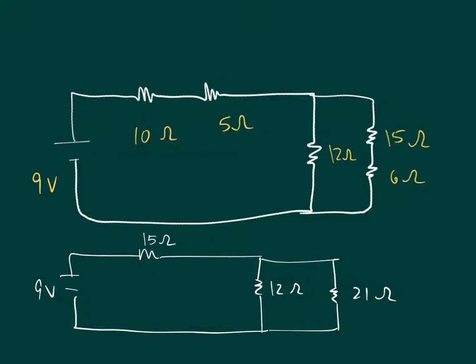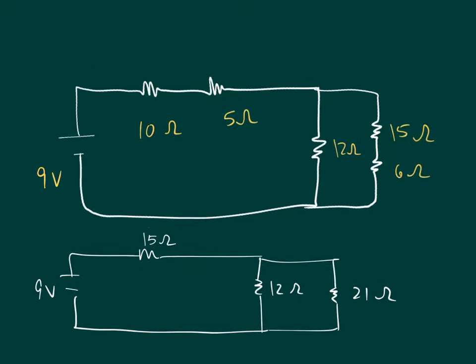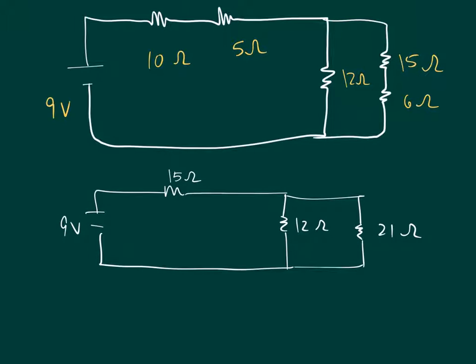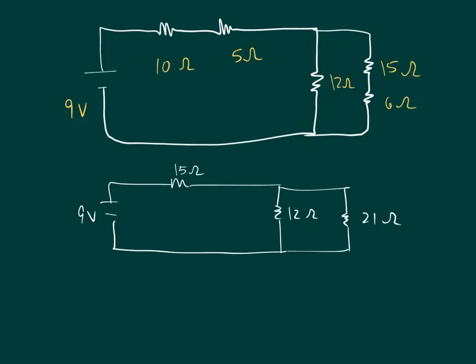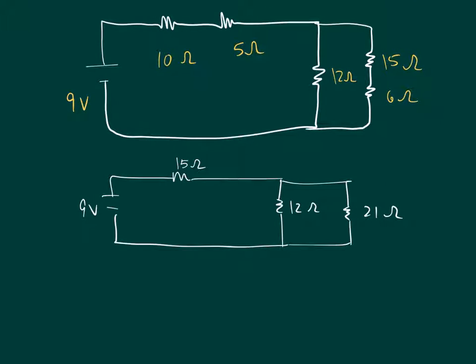Yet we notice that there's another branching occurring. So let's take the 12 and 21 and do what with them? What are they in? Yeah, they're in parallel. Add the reciprocals, exactly.